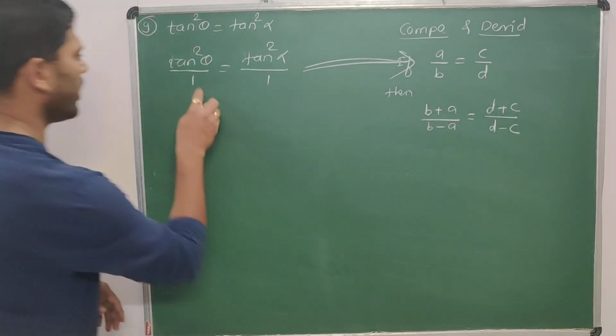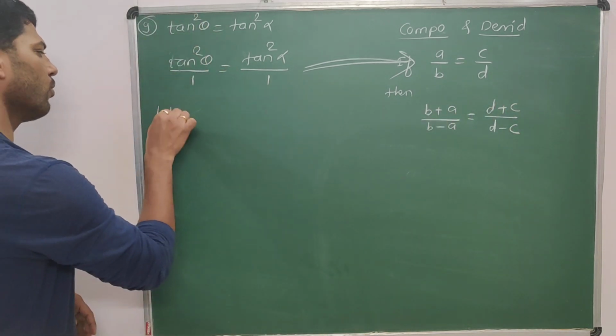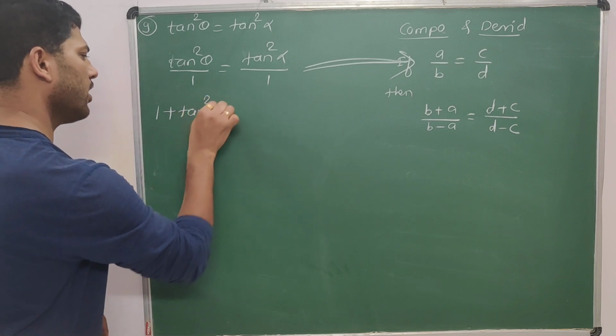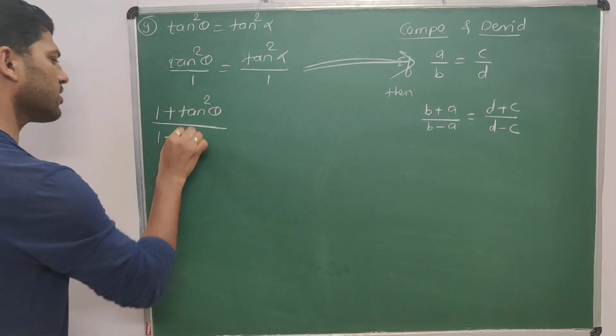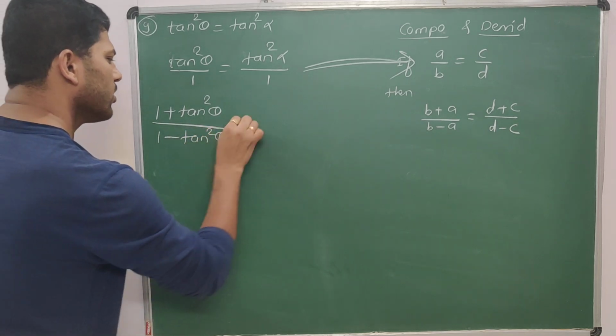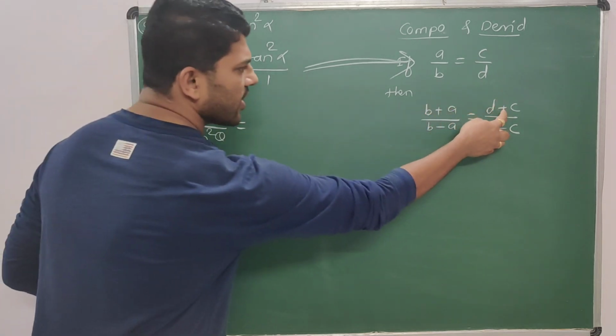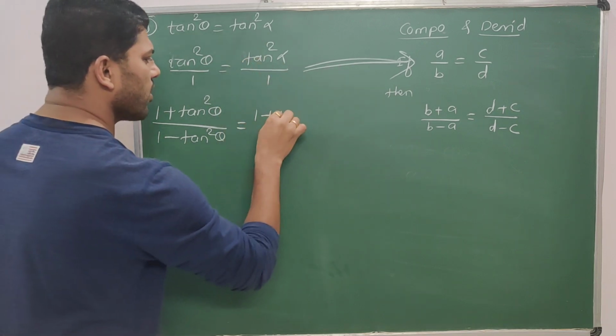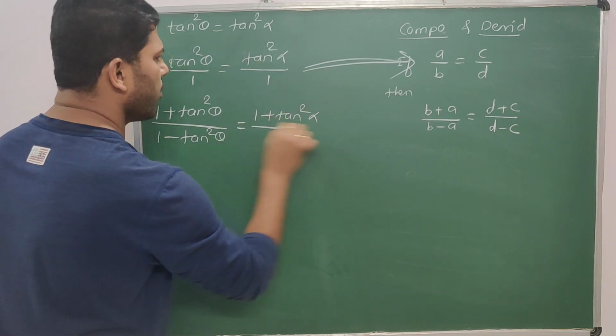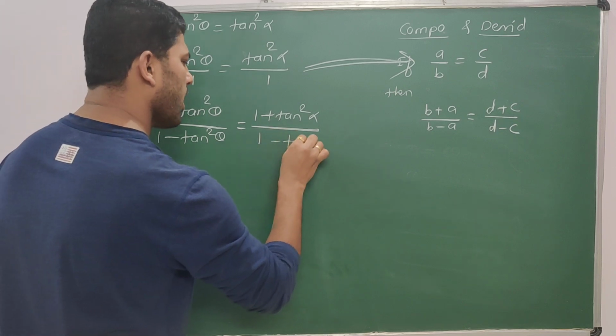Then B plus A, like 1 plus tan square theta, divided by B minus A, like 1 minus tan square theta, is equal to, on the right hand side, same structure, same implementation, 1 plus tan square alpha divided by 1 minus tan square alpha.